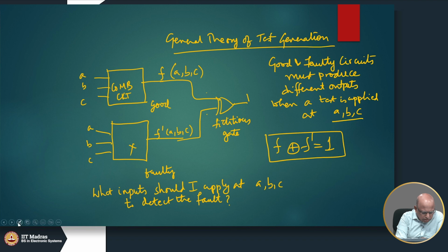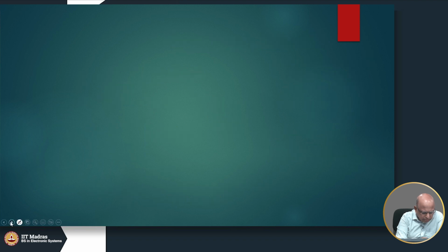Okay. So, let me illustrate this. So, let us take a very simple circuit. So, let us take a trivial circuit, an AND gate. So, this produces a good circuit will produce A B whole bar. Okay.